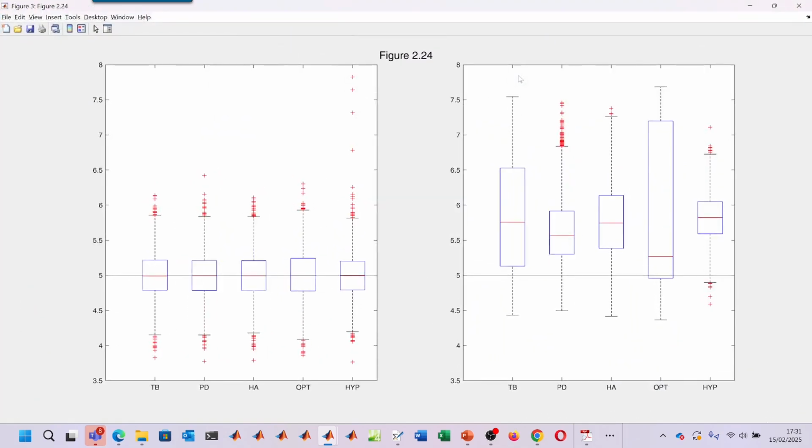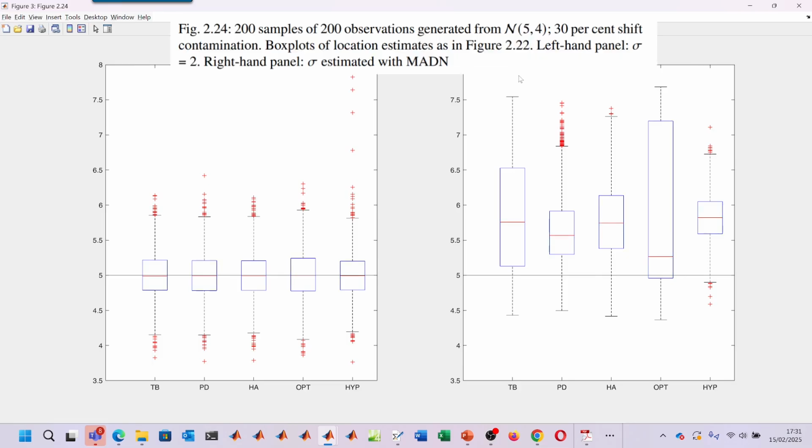Now we move to figure 2.24. The purpose of this figure is to show the effect of using in the estimate of location a parameter sigma which is known, left panel, or a parameter sigma which is estimated, right panel. In both cases, we consider the estimate of location. And once again, the black horizontal lines refer to the true parameter value.